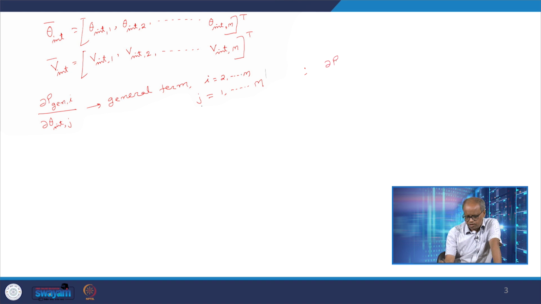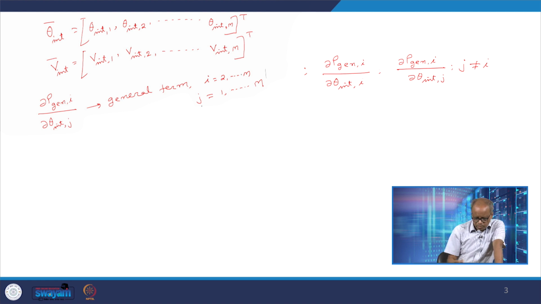One is del P internal I by del theta internal I, where both I and j are equal, and the next one is del P internal I by del theta internal j, where j is not equal to I.